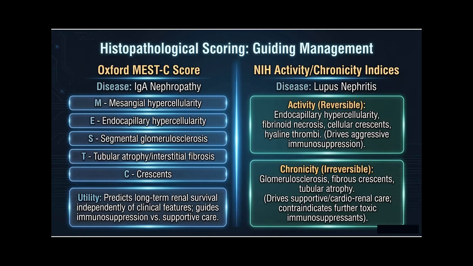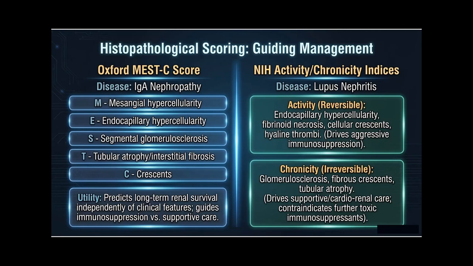Whereas NIH activity in lupus nephritis: endocapillary hypercellularity, fibrinoid necrosis, cellular crescent, hyaline thrombi drives aggressive immunosuppression. If it is chronic, no immunosuppression, because already there is glomerular sclerosis, fibrotic crescent, tubular atrophy; this drives only supportive care, cardiorenal protection, and contraindicates immunosuppression. So, if you look at the NIH score, you get two classifications.